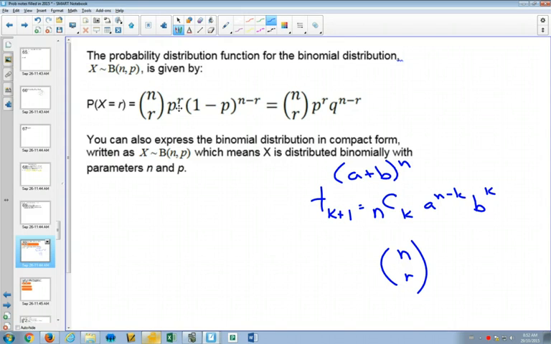The IB course more often puts it in these brackets with an n and an r. Not to be confused with the vector notation of the transformation you had in one of your labs, with the p and the q, where the p was the x and the q was the y. We haven't learned the vector notation yet, but we will learn that later on.